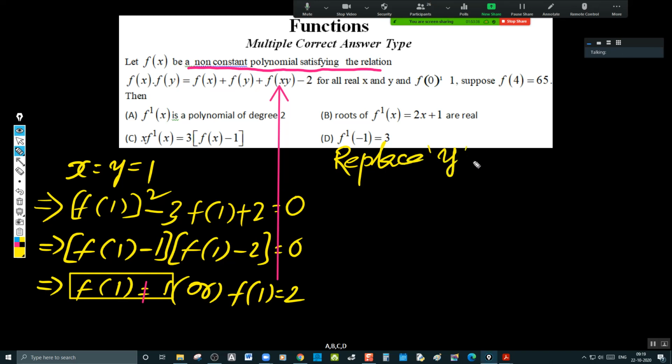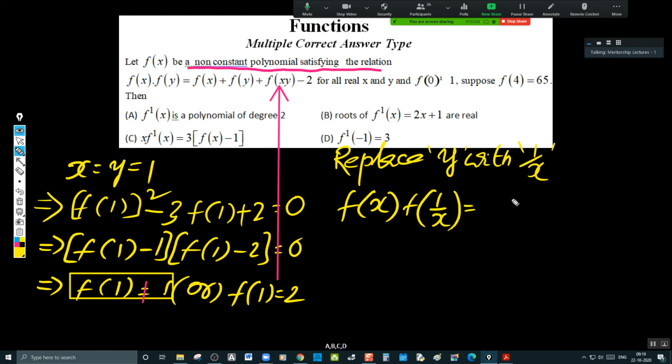Then f(x) into f(1/x) is equal to f(x) plus f(1/x) plus f(1) plus f(1) minus 2.